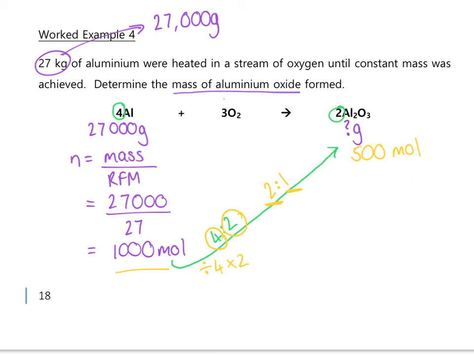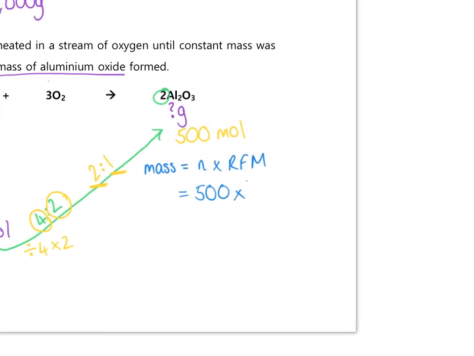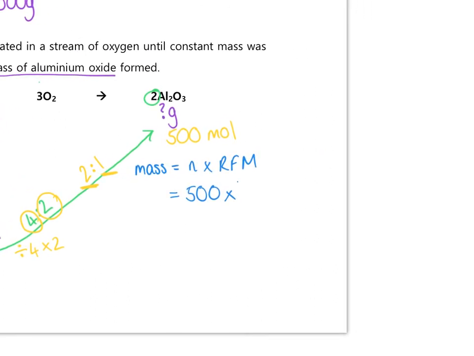Now that I've brought that over, I can convert to mass. So mass is N times RFM. My number of moles is 500. My RFM of aluminium oxide, I can work that out off to the side. So the RFM is going to be 2 times my mass of aluminium, which is 27, plus 3 times my mass of oxygen, which is 16.